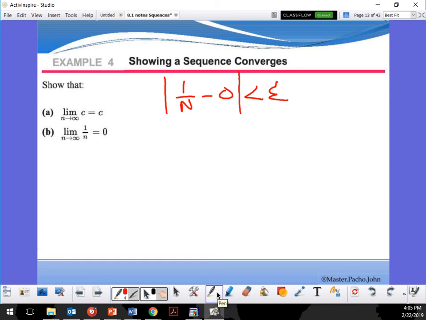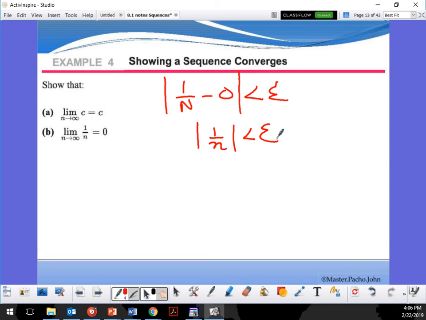Okay, so these are lowercase, right? So again, I will reiterate, absolute value of 1 over n. This is my lower bound, right? Okay, so epsilon is there, and I know that epsilon has to be greater than whatever value there. Yes? Okay, good.